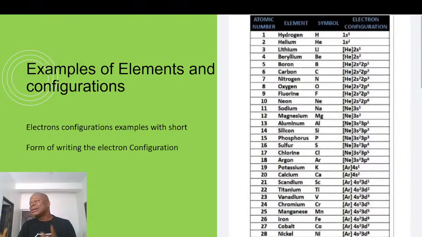The Ne there, bracket, 3s1. Look at it properly: 3s1. If you check the electrons involved in sodium, that is 11: neon 10 plus 1, that is 11.